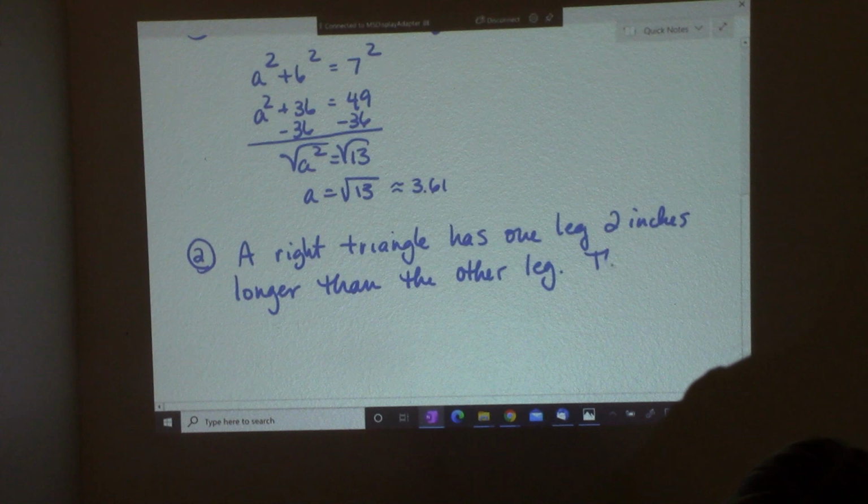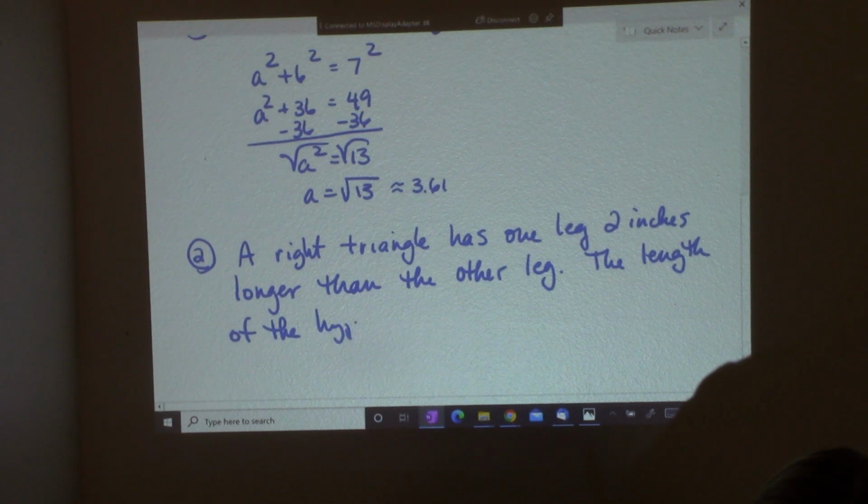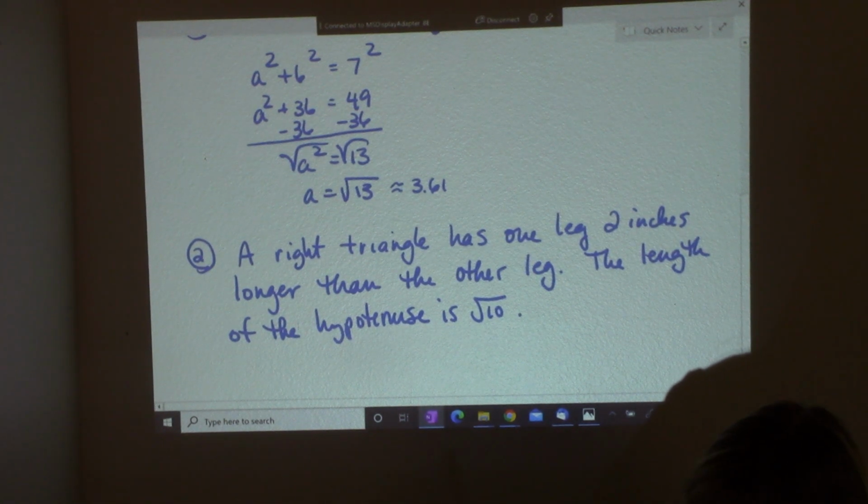The length of the hypotenuse is the square root of 10. Find the leg lengths.